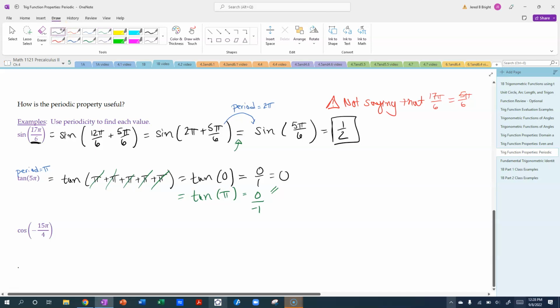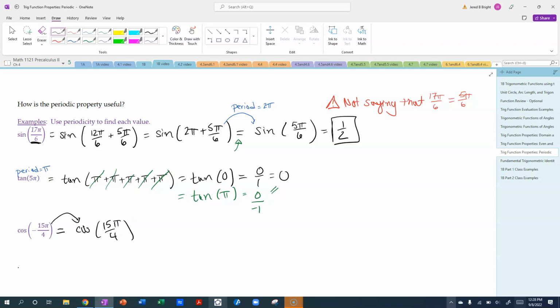Last example. For this one, I'm actually going to start off by using the even and oddness property. So since it's even, I'm going to say this is equal to cosine of 15 pi over 4, using evenness. And now I'm going to try and find out where this would be on the unit circle.